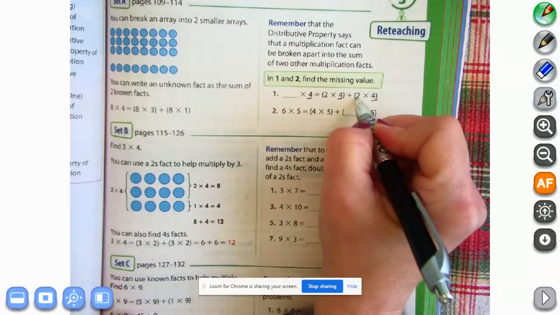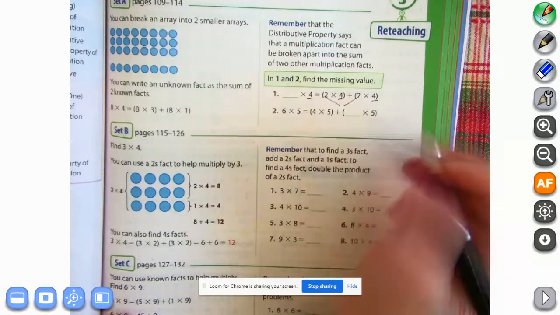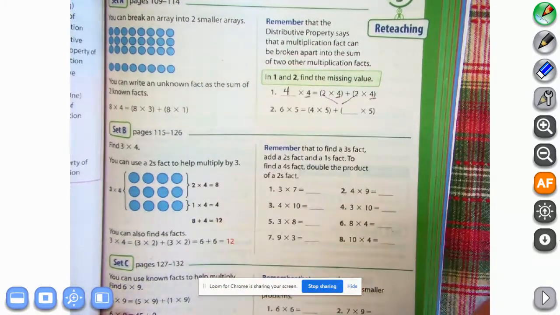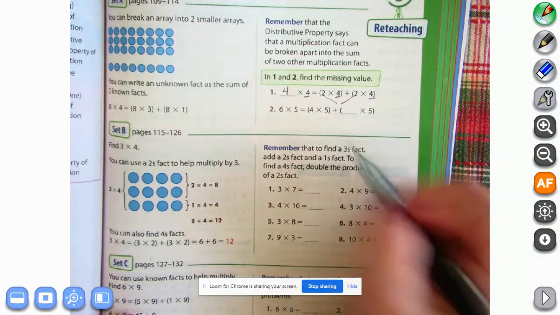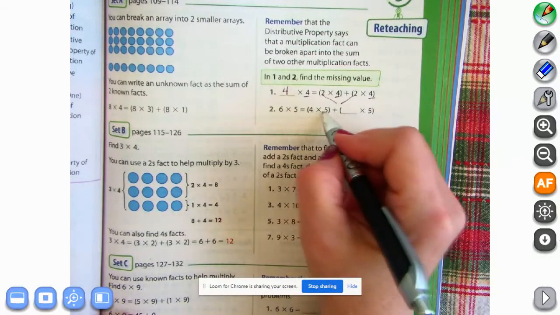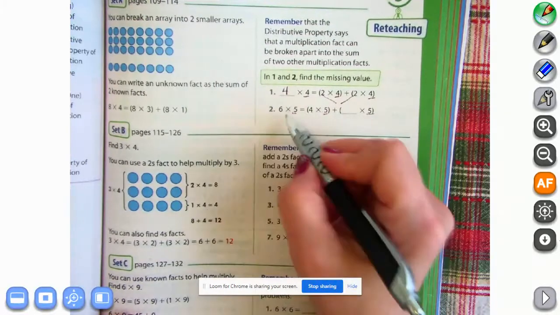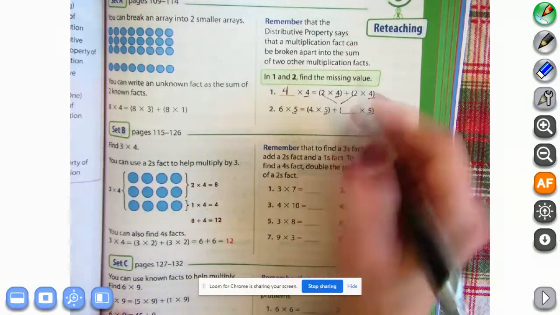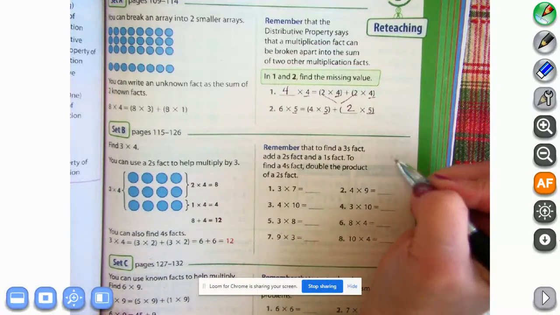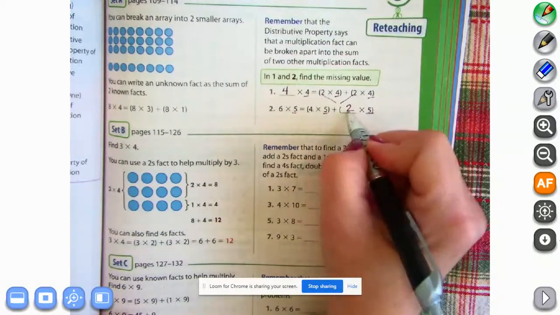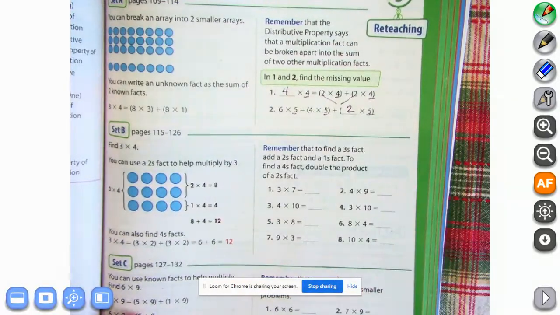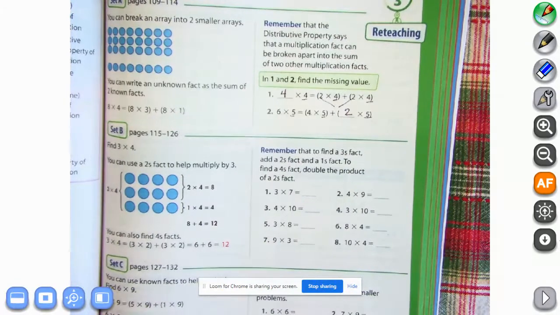So we need to add this and this together, and that makes 4. 6 times 5 is equal to 4 times 5, so the 5's stay the same. And we're taking 6 minus 4 is 2, because 4 plus 2 equals 6. Okay?